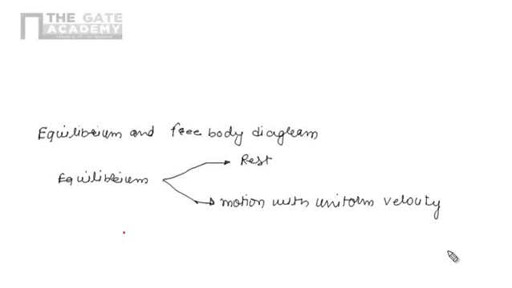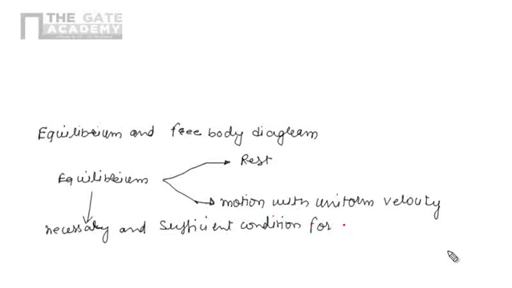For equilibrium, the necessary and sufficient condition is that all the forces acting on a body should be zero and all the moments acting on a body should be zero. So this is the necessary and sufficient condition for equilibrium.